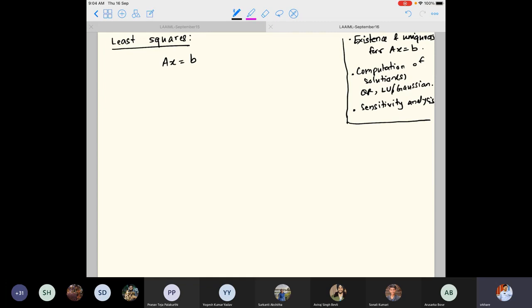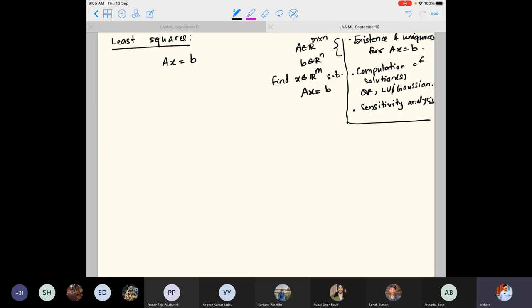In existence and uniqueness, we had considered A to be a matrix of size m by n, b to be a vector, and we were trying to find x such that Ax equals b.